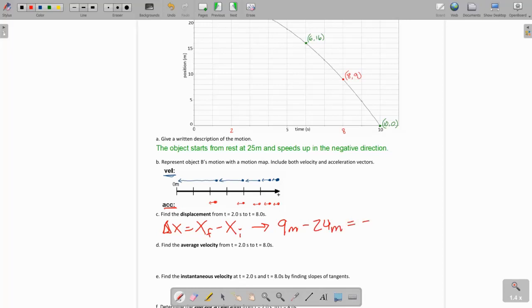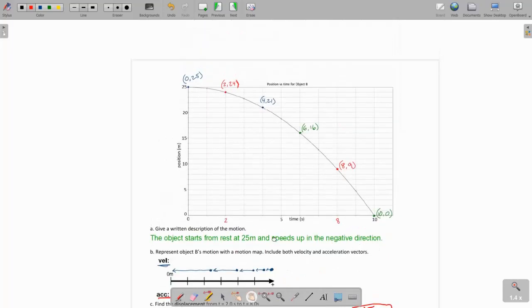And that means our displacement is negative 15 meters. And displacement does have direction. That's what we use to calculate velocity, so that should make sense. Basically, going back and looking at this graph here, the object moves backwards by 15 meters during that time span.